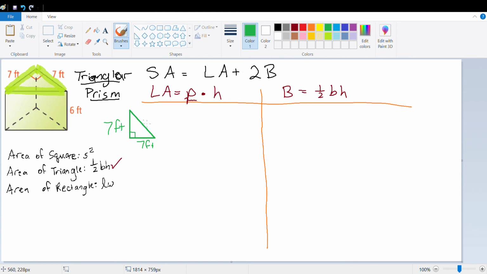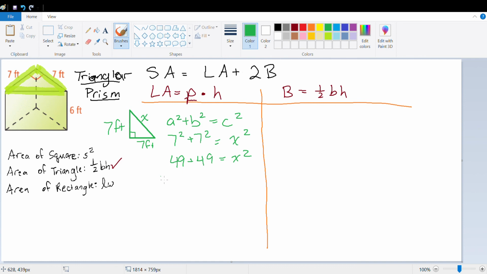Now, the one I'm missing is the hypotenuse, the longest side. And we know how to find that. We can just go ahead and use the Pythagorean theorem and apply this to find that length. So 7 squared plus 7 squared. Remember, the longest side is going to be at the end, so x squared. So 7 squared is 49, plus 49 is equal to x squared. And now we have to add 49 twice.